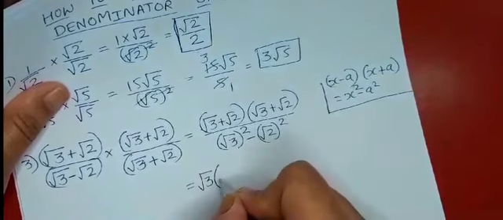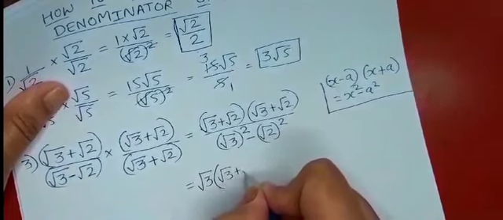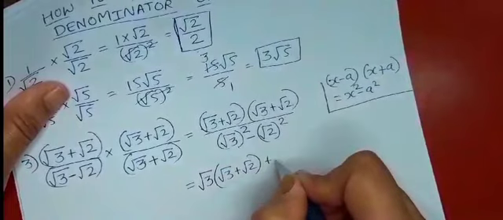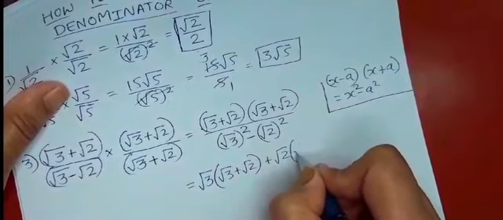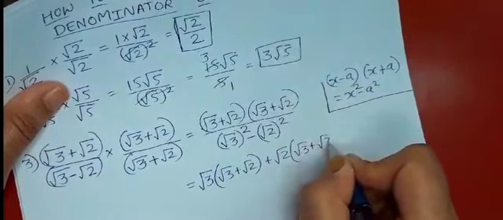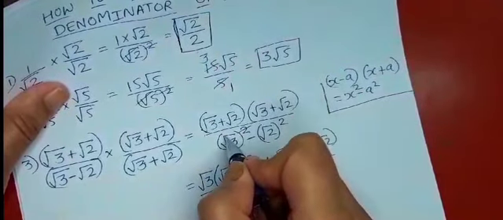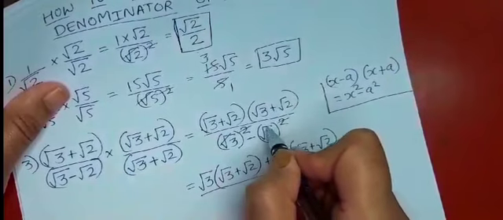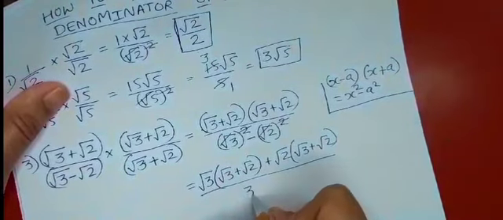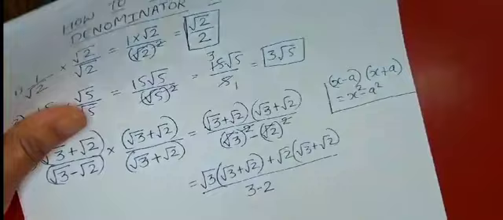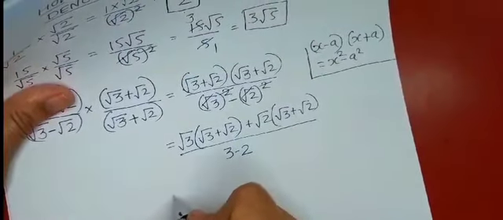So here root 3 will get multiplied to root 3 plus root 2, plus root 2 will get multiplied to root 3 plus root 2. And here this square will cancel the square root. Here also the square will cancel the square root. So we'll have 3 minus 2 in the denominator.